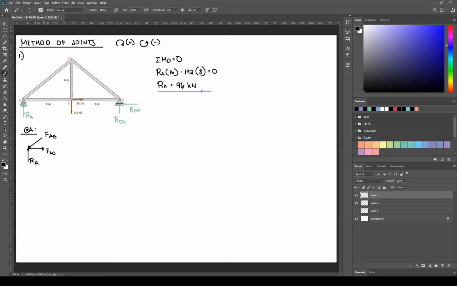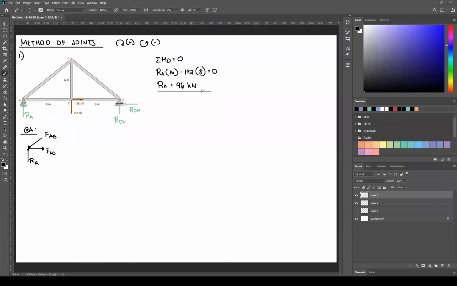Now we have this free body diagram. The next step is to use your equilibrium equations. The first equilibrium equation that we had is summation of moment equals 0. Can you give me the other equilibrium equations? Correct, John?